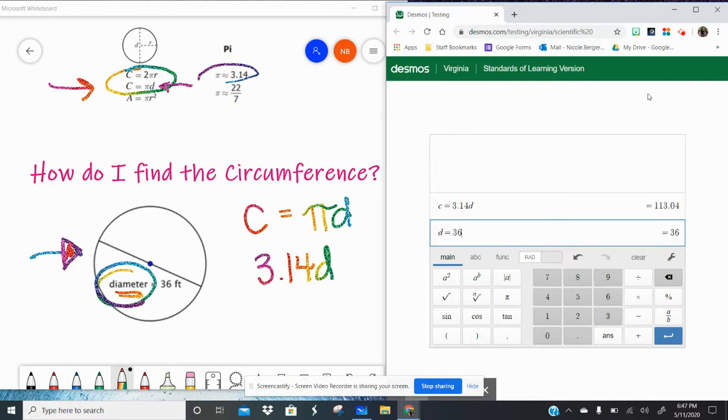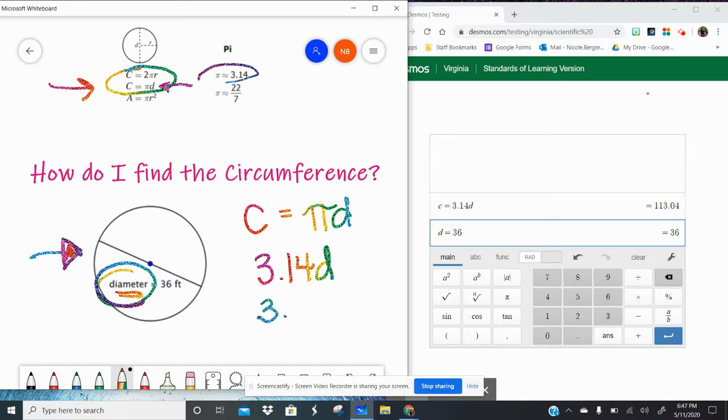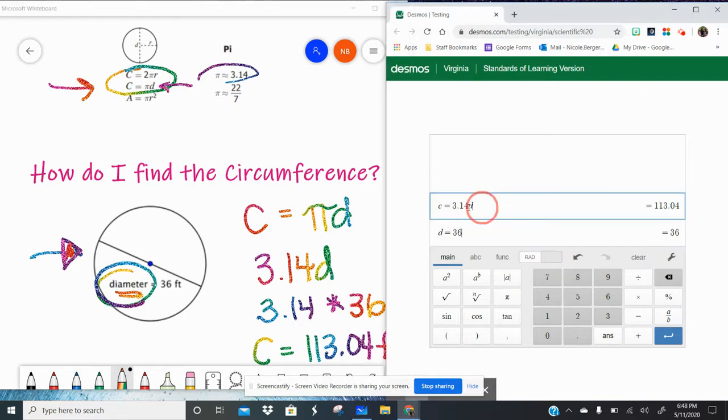You see right there? What the calculator is doing is taking that 3.14 times 36, and it tells me that the circumference is 113.4 feet, right? So you plug in the formula.